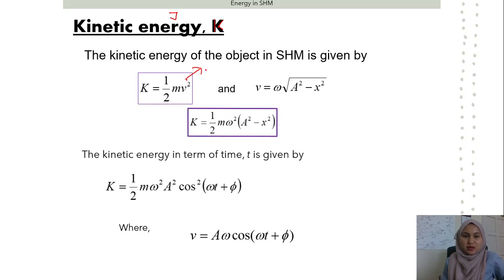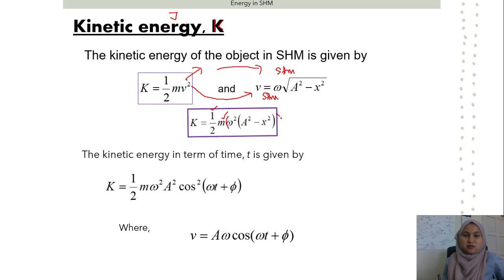Now we want to derive this equation by using the translational equation and combining it with the simple harmonic motion equations that we learned in the previous video. We just substitute the v here, which represents the simple harmonic motion velocity. The mass m stays the same because it is constant.